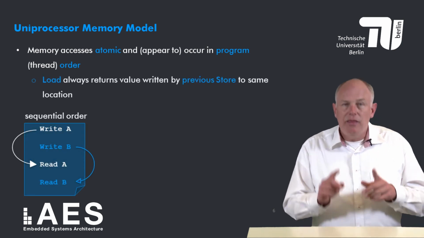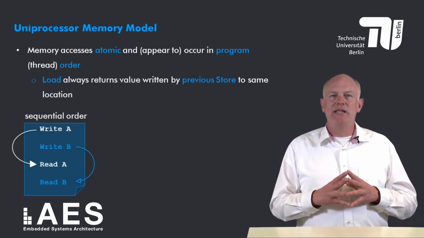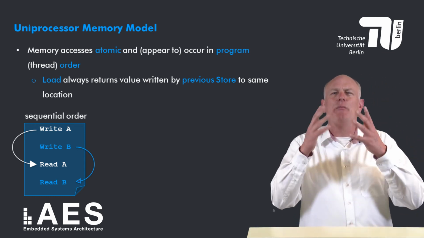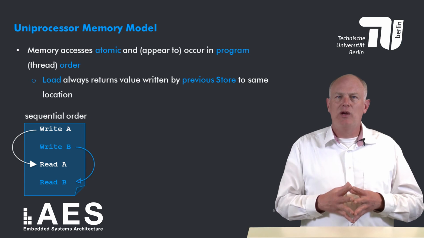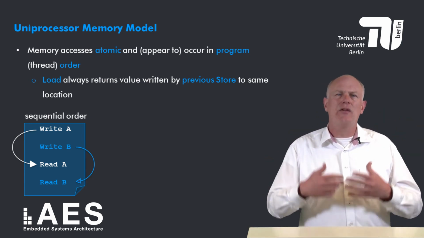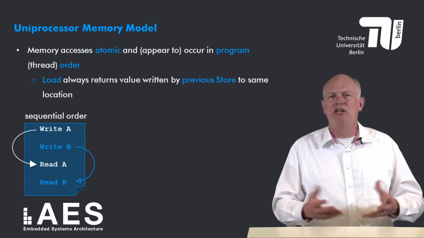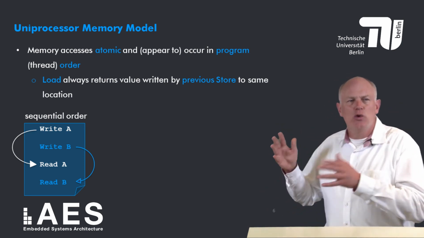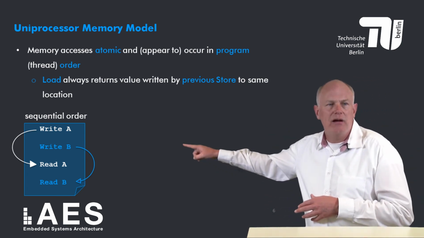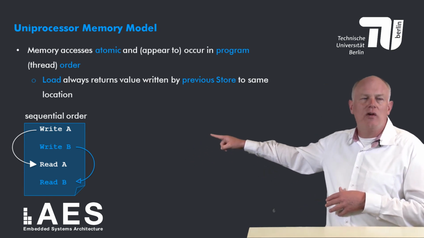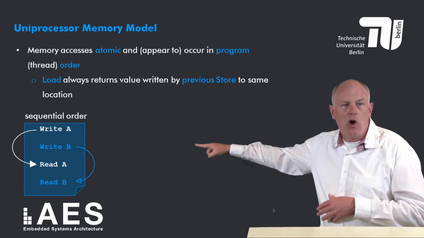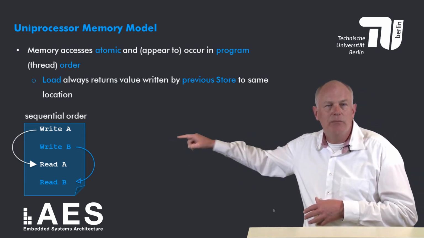This implies that this property is always maintained: a load always returns the value written by the previous store to the same memory location. Whatever we do in hardware or software, out of order execution, write buffer merging, instruction reordering, etc., we make sure that this property is maintained. As this example shows, the read of A always returns the value written by the write of A, and the read of B always returns the value written by the write of B.